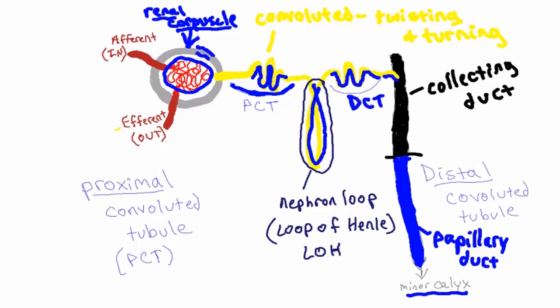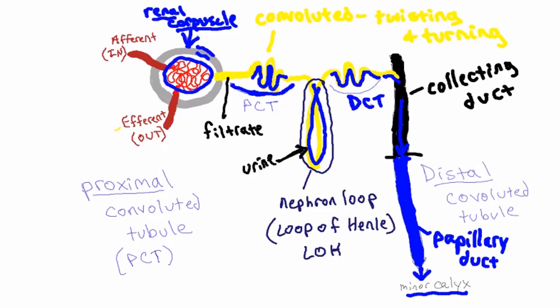And that empties into the collecting duct, which goes down into its bottom half, which is the papillary duct, and it goes out to the minor calyx. And this is the flow of urine. Up here, when it's just coming out of the renal corpuscle, it's called filtrate. But once it gets down about here, once it gets to the bottom of the loop, it's pretty much urine by that point.